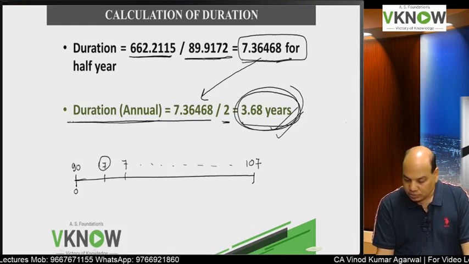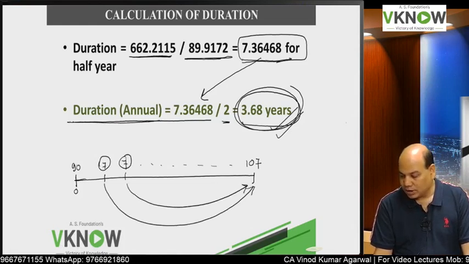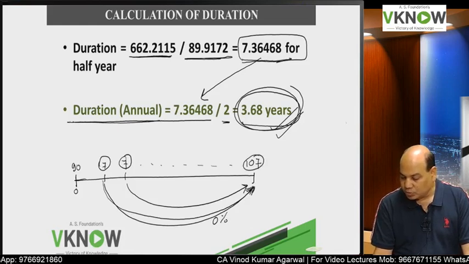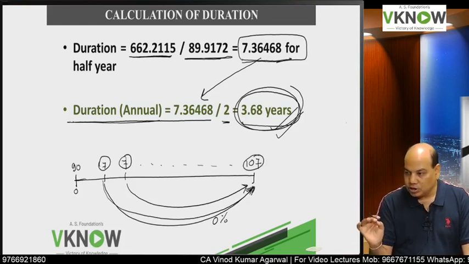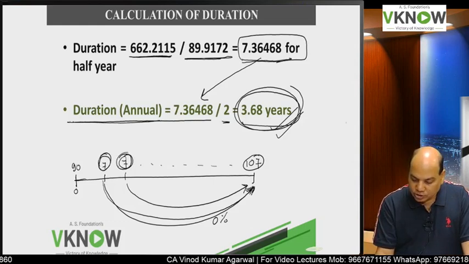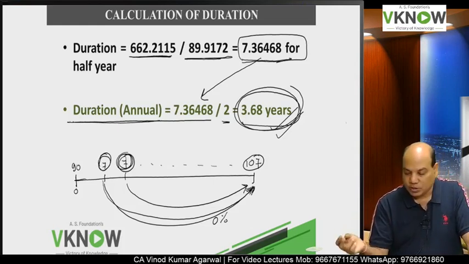This amount that you will receive, you will be able to reinvest at 0% interest rate. Means 7 rupees after the end of the period will also be 7 only. So assuming that interest rate is 0, you cannot reinvest this coupon. What will be the realized yield to maturity?